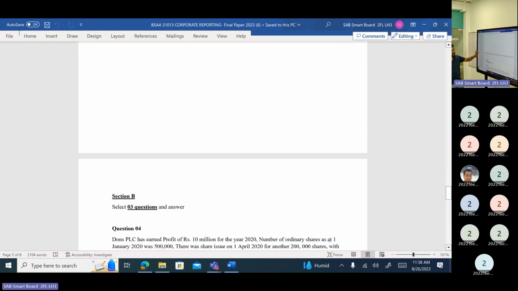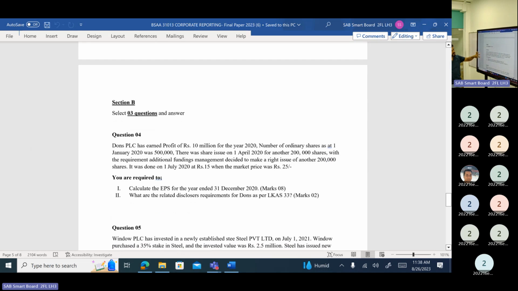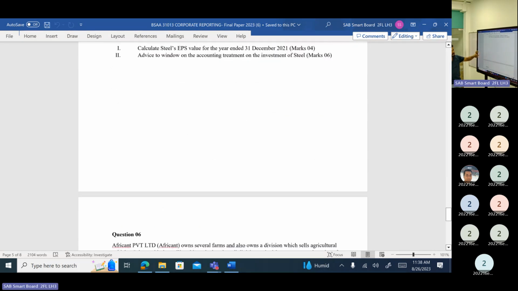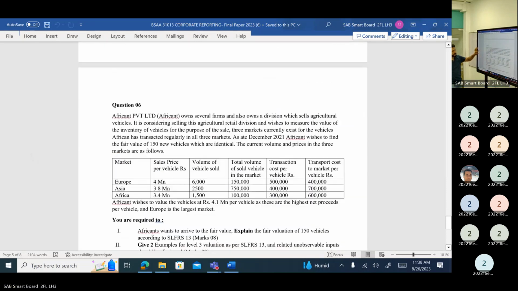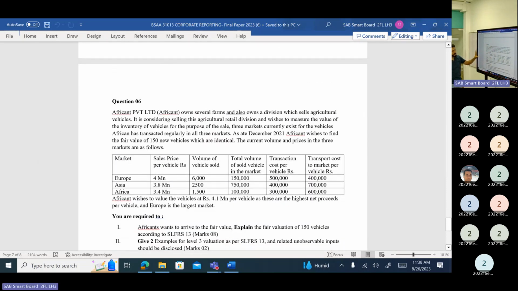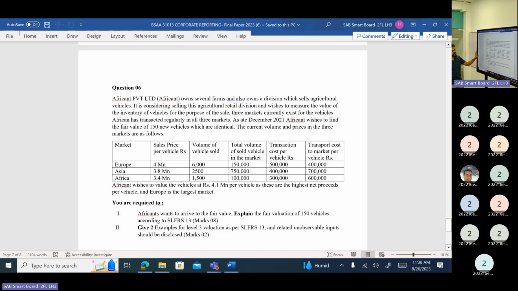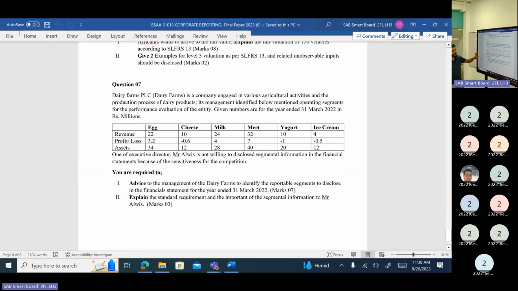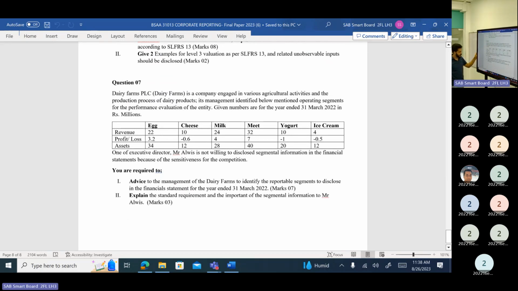We have some other questions as well. I think for share, and then segmental reporting. Here segmental reporting. That's about corporate reporting.